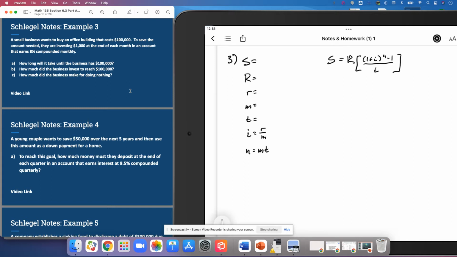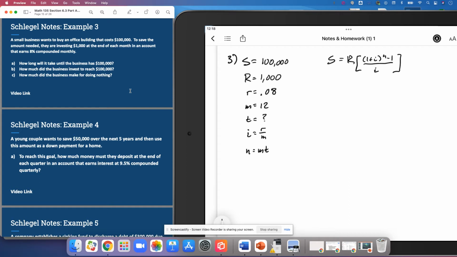We know that the future value is going to be $100,000. They're investing $1,000 a month. The rate is going to be 8% compounded monthly, so 12 compounding periods in a year. And we are trying to figure out how long it's going to take for them to reach this goal.